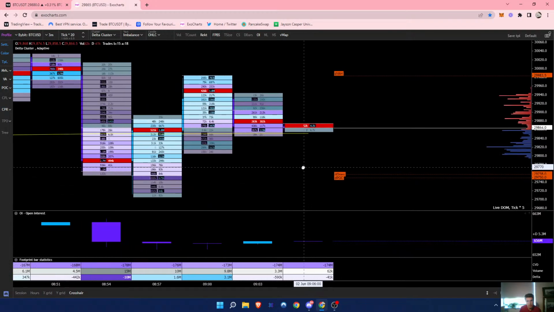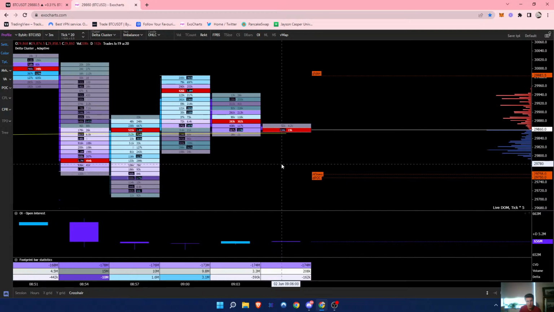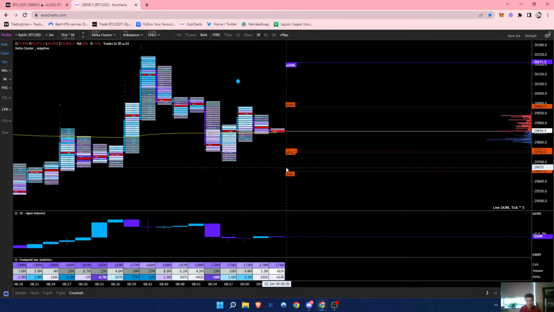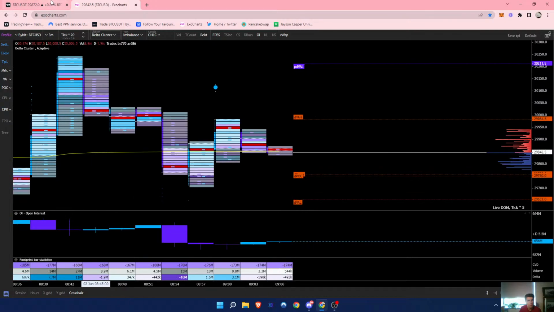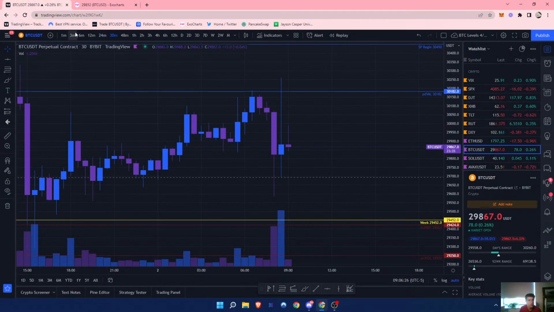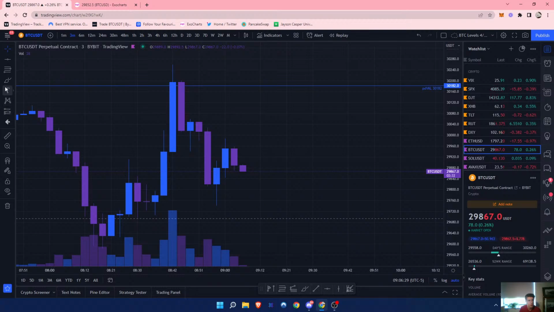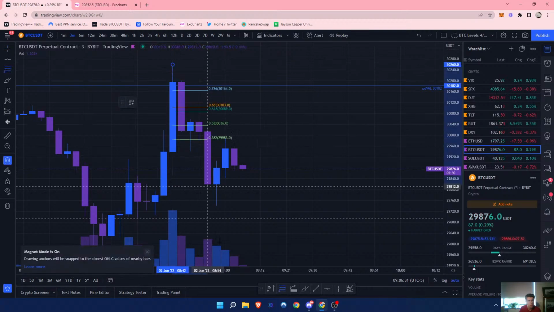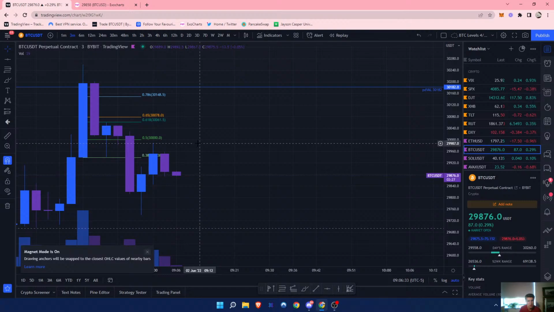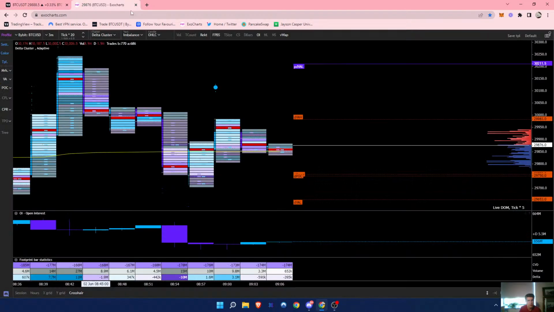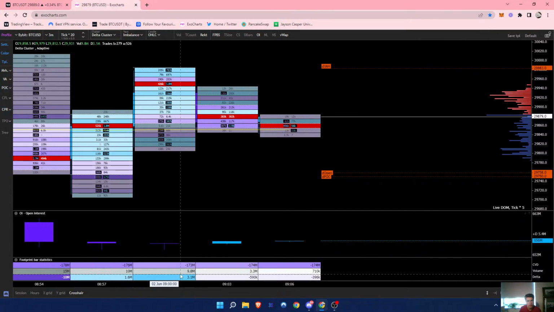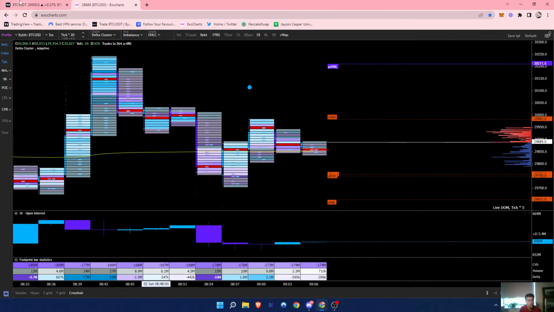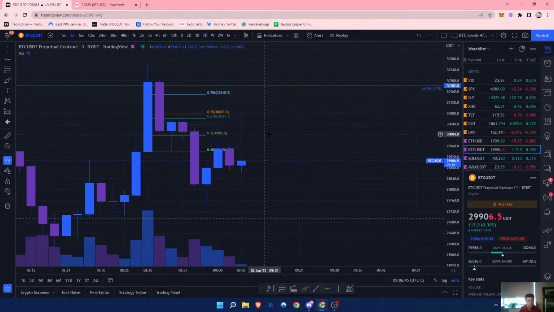Okay, might be dropping down. Okay, let me drop down. Rejected off of that 0.5 fib, so right here. I'm just thinking out loud at the moment.